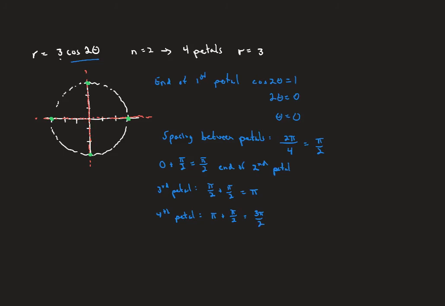So again, to connect them, I'm going to start at the first one. I'm going to look across 180 degrees, then turn my eye counterclockwise to the next petal. So I'm going to connect these 2 petals going through the pole. So it's going to look something like that.